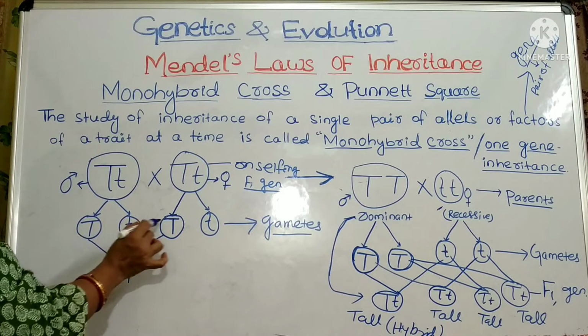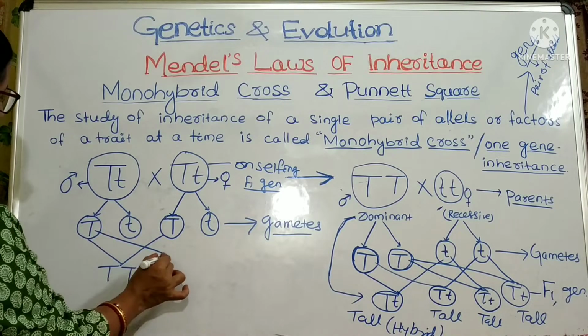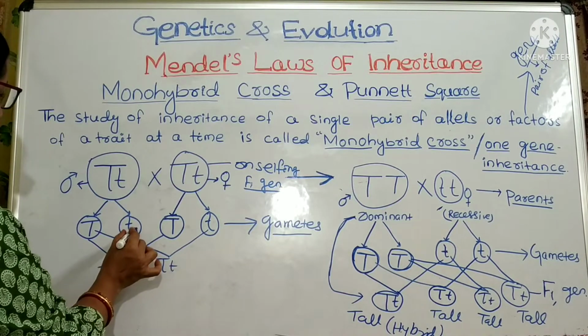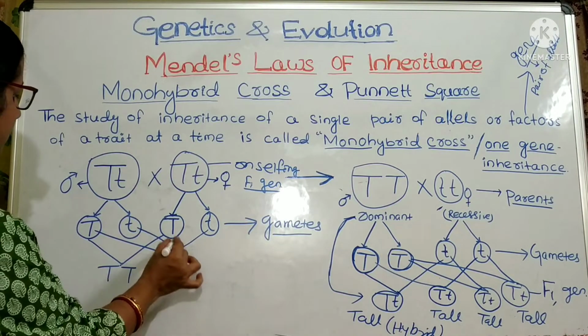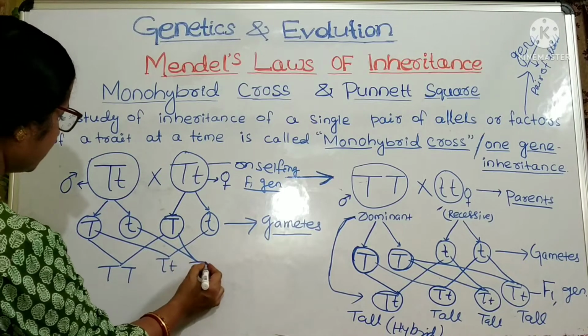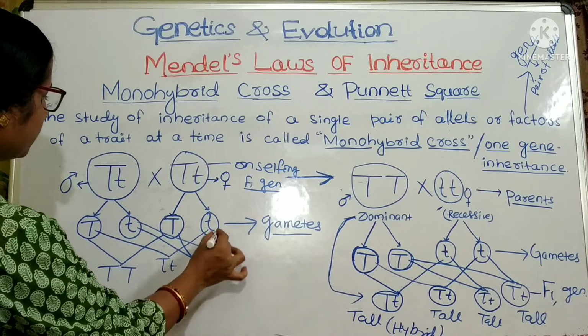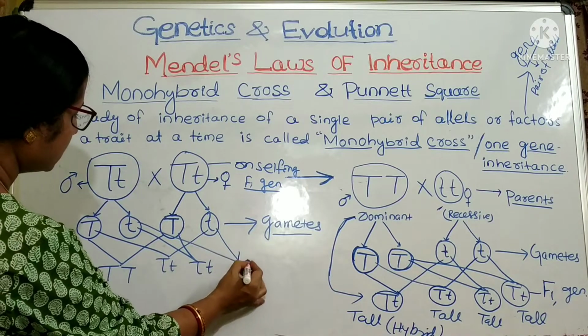First capital T, then capital T, small t. Again this small t will combine with this capital T to produce capital T, small t, and small t again will combine with this small t.